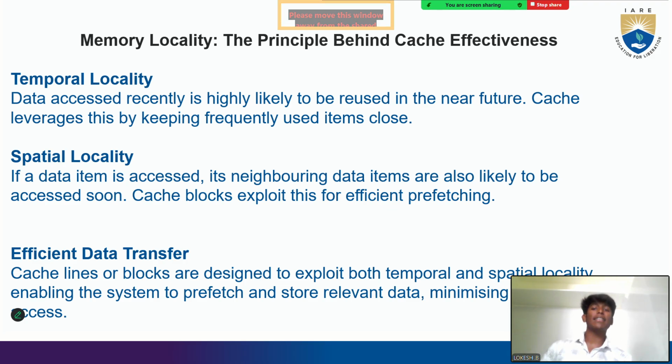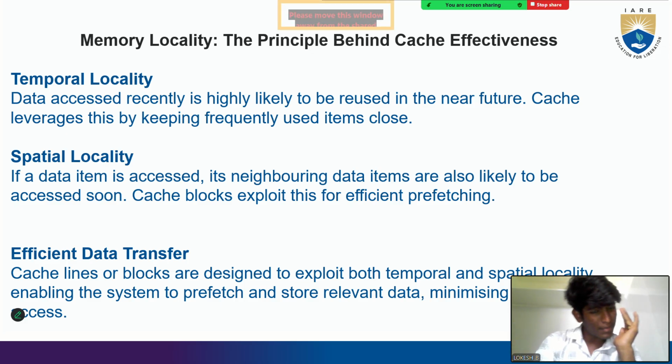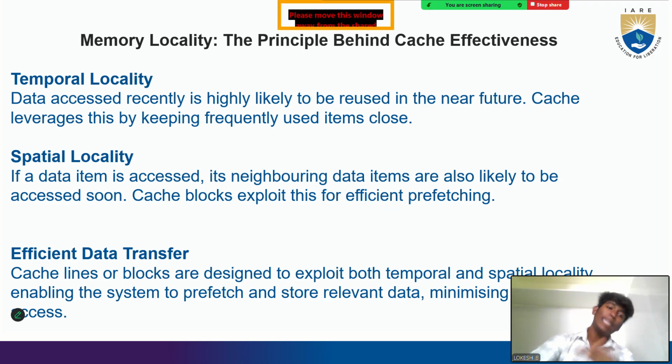if a data item is accessed, its neighboring data items are also likely to be accessed soon. Cache blocks exploit this for efficient prefetching and efficient data transfer. So in this cache memory, the data is more easily transferable.